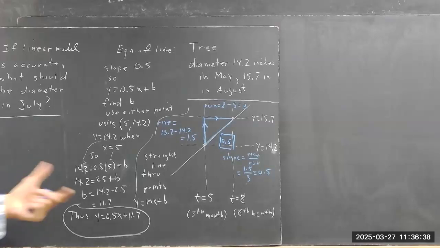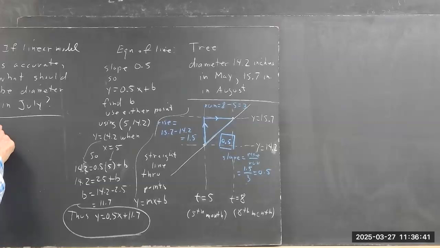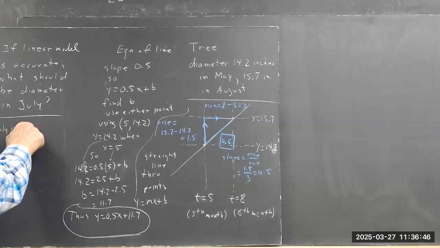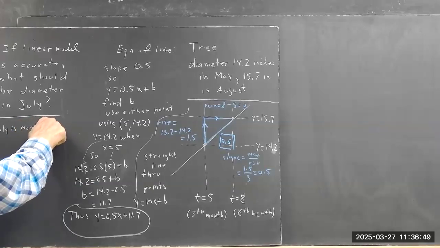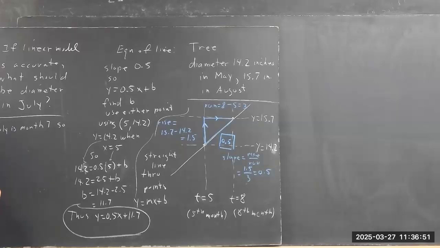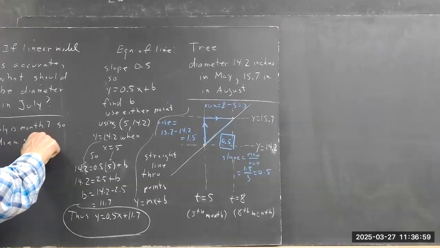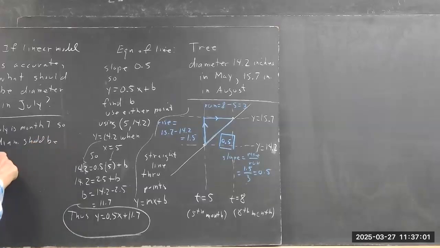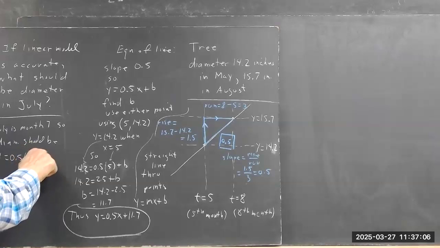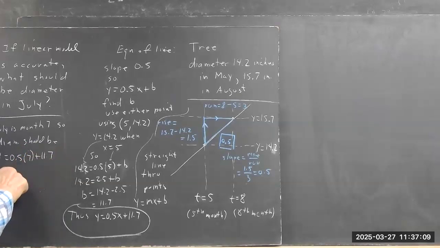Well, July is month 7. So y should be 0.5 times 7 plus 11.7.